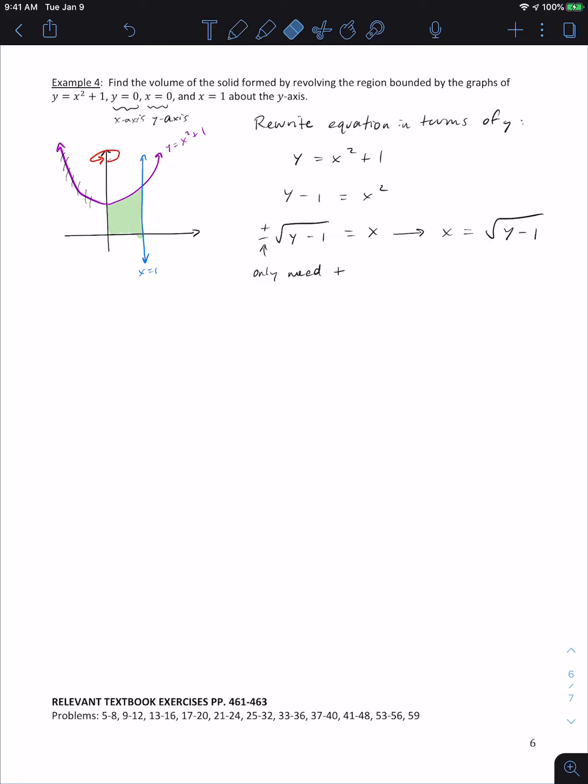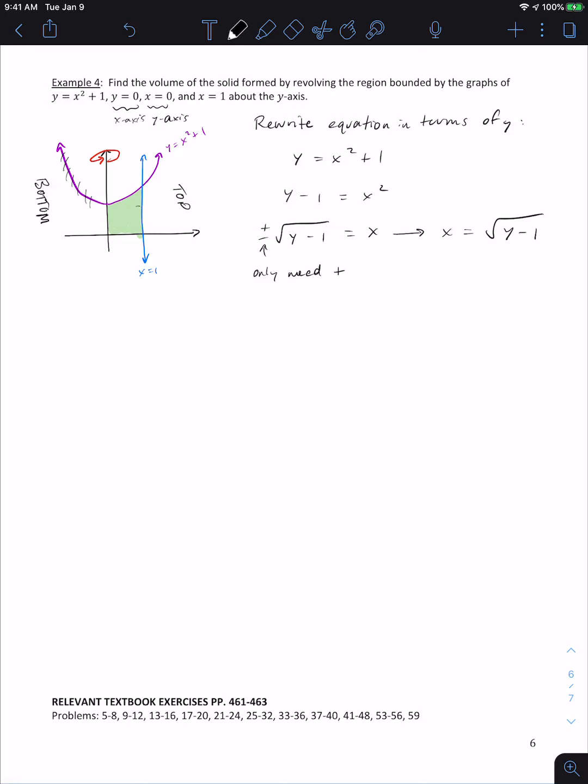Okay, so what are we going to do here? Now we need to determine, just like before, if we need to find our inner radius or outer radius. We're revolving it around the y-axis, so I actually like to turn my paper over and look at it like this is the top and this is the bottom. Notice something strange happens right about here.